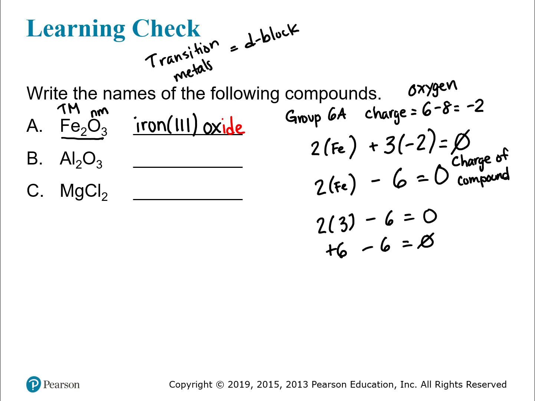With aluminum, there's only one, so we can just call it aluminum. The second element is a nonmetal, and we name that by taking the first syllable, ox, and adding IDE.